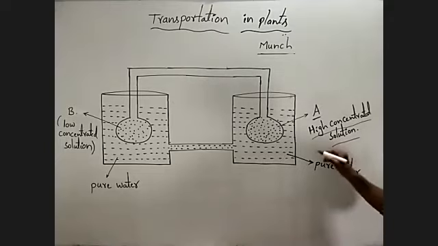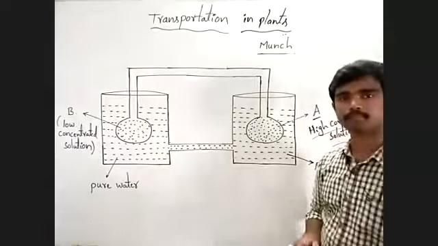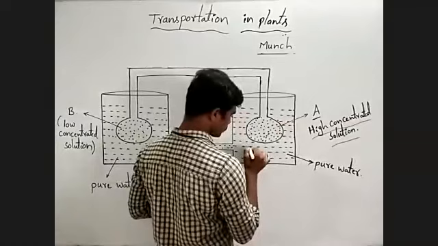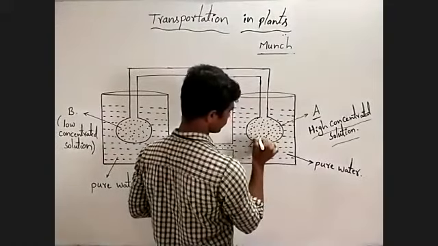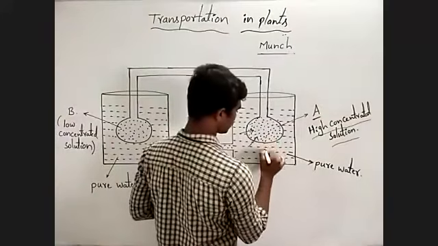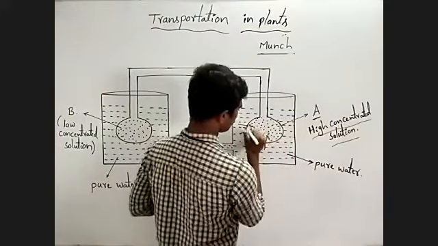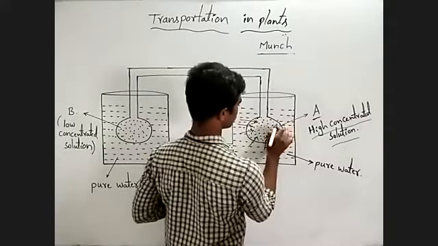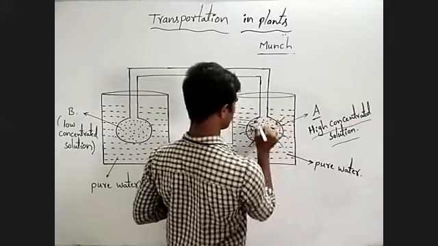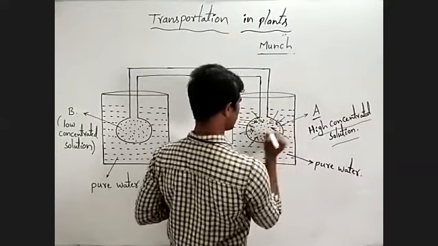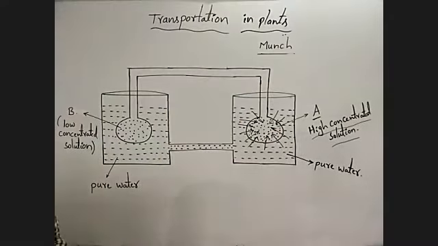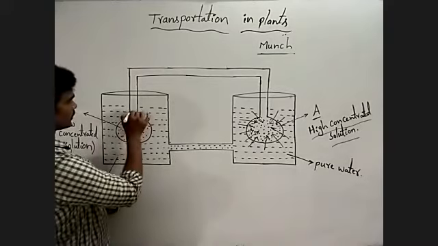Now, endosmosis takes place here. From low concentration to high concentration, more water moves like this, because hypertonic solution is there in osmometer A.